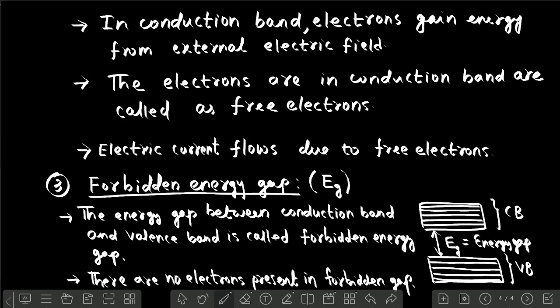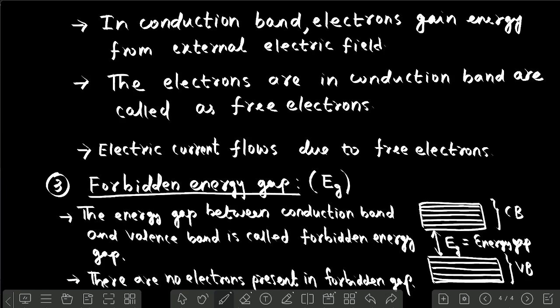Are you clear about this energy gap? No doubt, everyone. Based on this energy gap, we can classify metals, insulators and semiconductors. For an insulator, a higher energy gap will be there, Eg will be more.